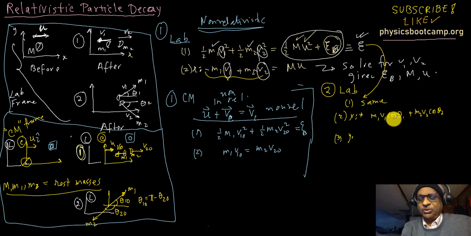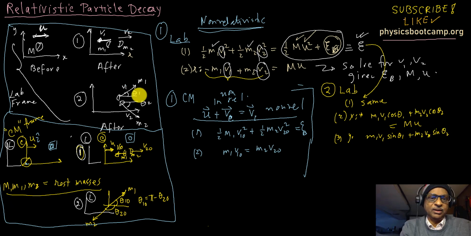Already you can see cosine theta 1, cosine theta 2, which is getting nasty, okay? And the other side is just mu. And the y direction is m1 v1 sine theta 1 plus m2 v2 sine theta 2. The way the angle is defined, that's equal to 0.